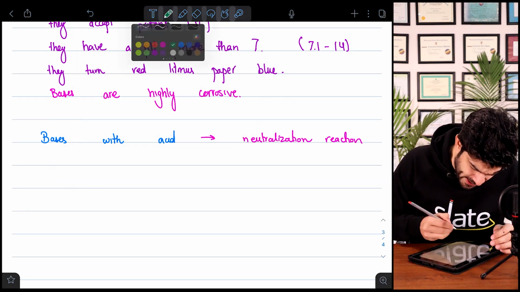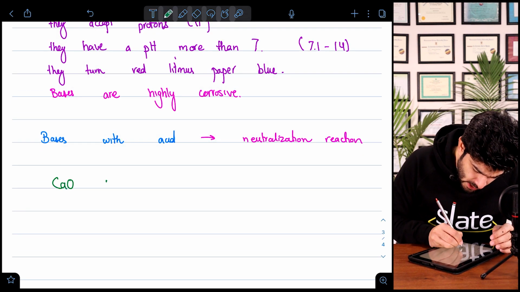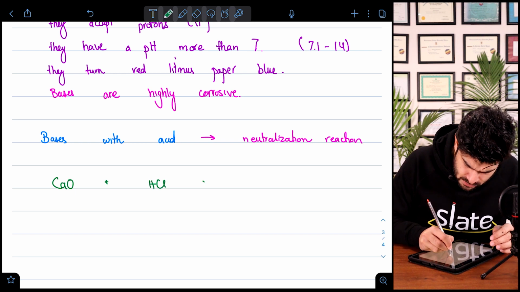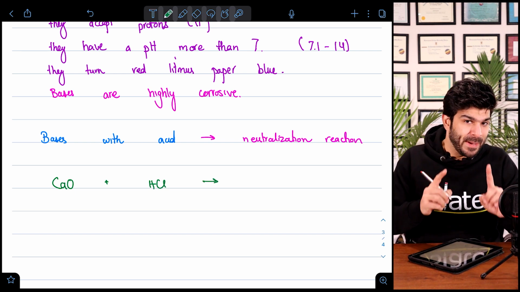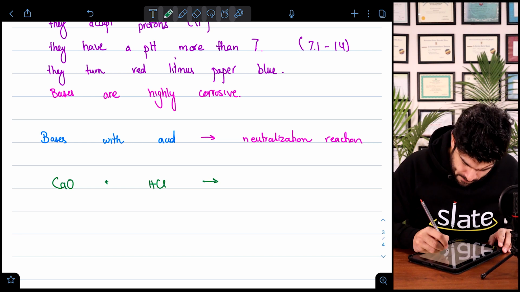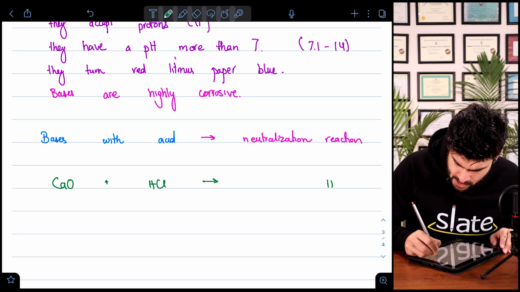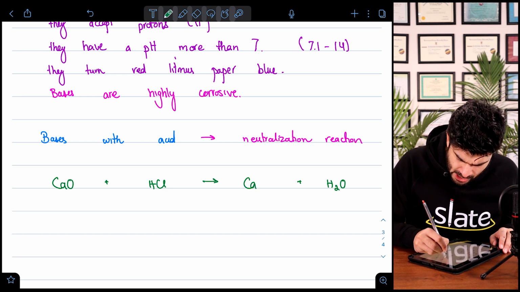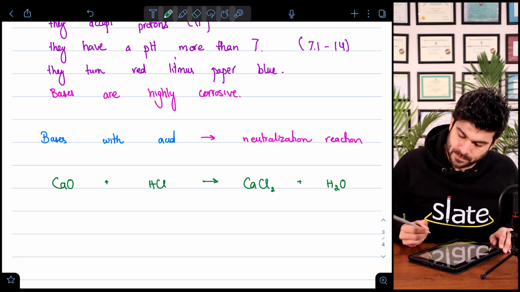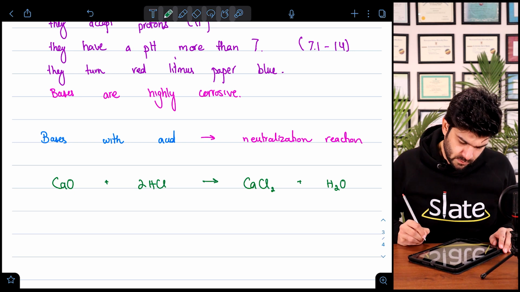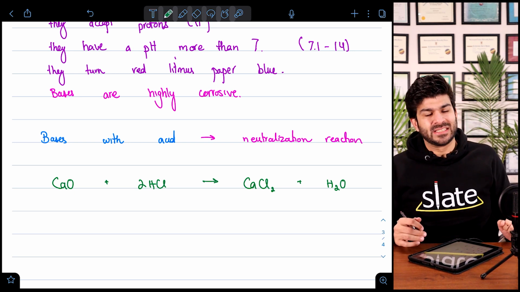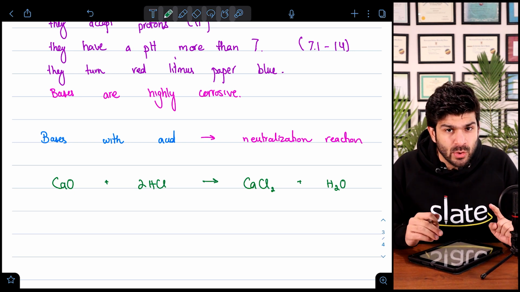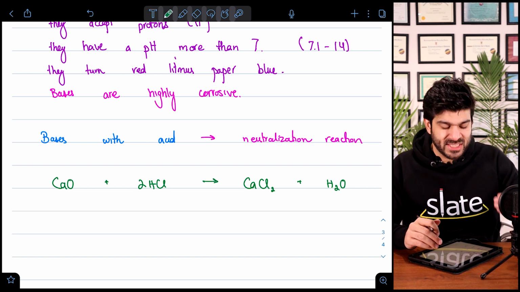So let's take any base. Calcium oxide with HCl. Calcium oxide is a base, it's not an alkali. We get H2O, which is water, and calcium chloride. So that is what is happening here. What did I tell you? A base is a proton acceptor.